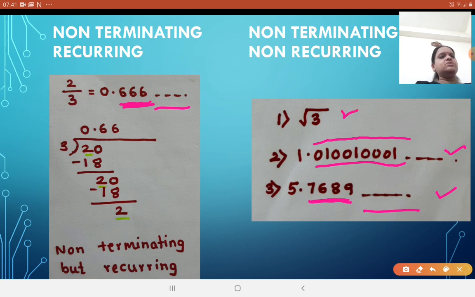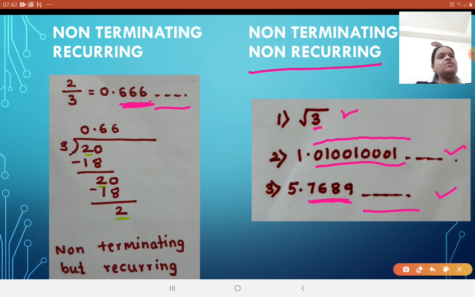Then what about this root 3? Root 3, in 8th standard, if you remember, we used the long division method to find the square root of a number. If you find the square root of a number which is not a perfect square, those numbers are called non-terminating, non-recurring.